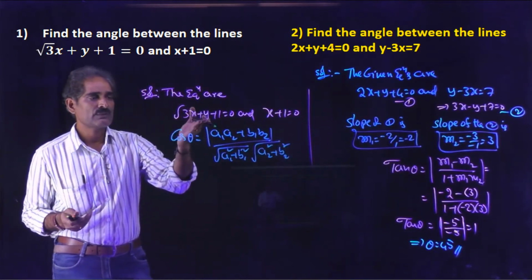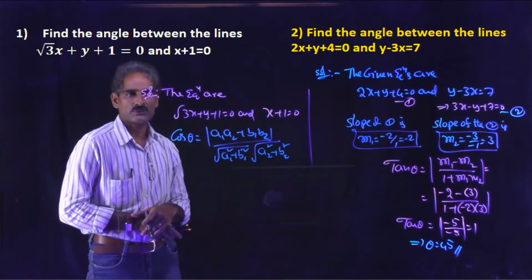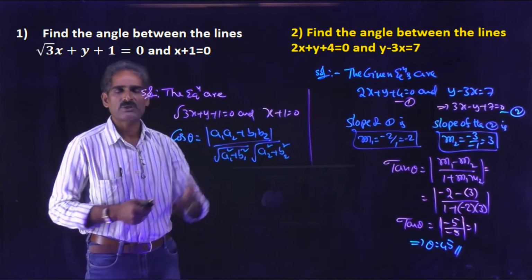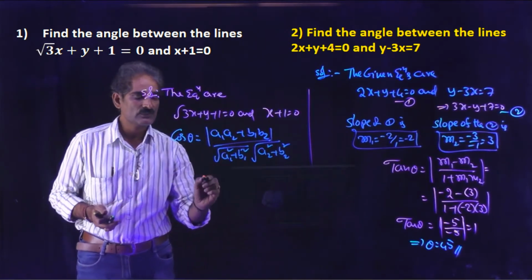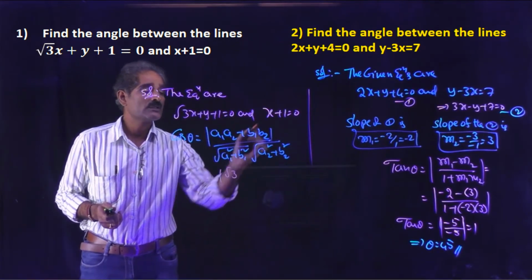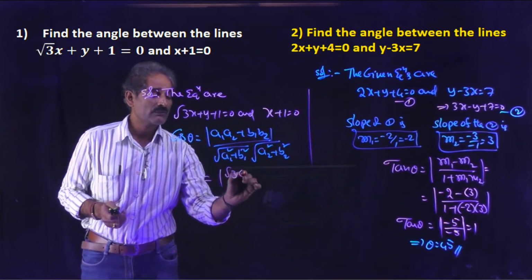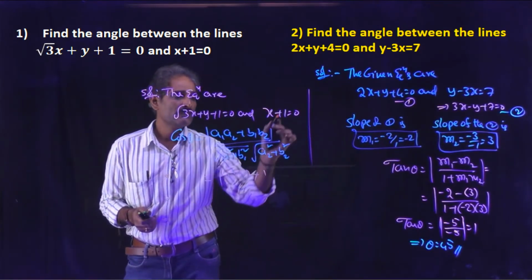This is for lines in the form a1 x plus b1 y plus c1 equals 0, a2 x plus b2 y plus c2 equals 0. Just substitute the values: a1 is root 3, a2 is 1, b1 is 1, and b2 is 0 because there is no y term.